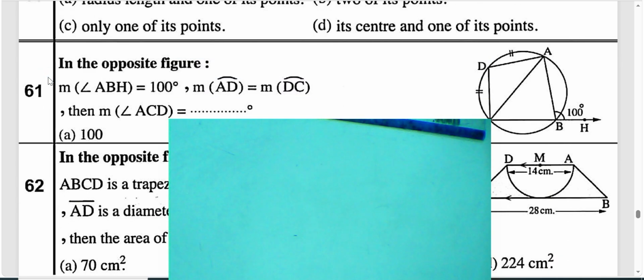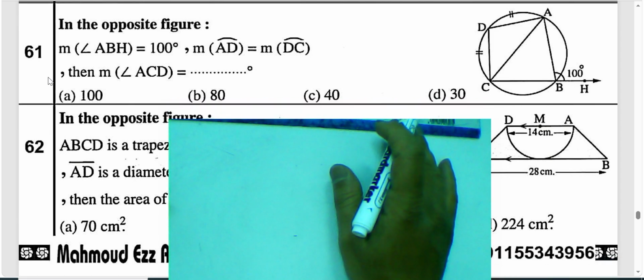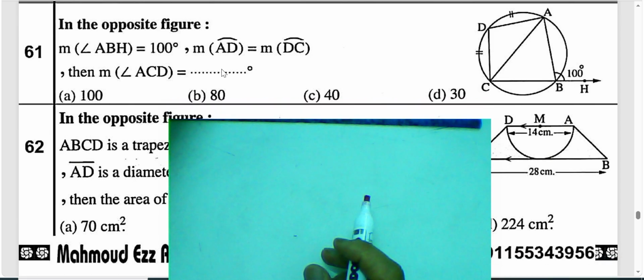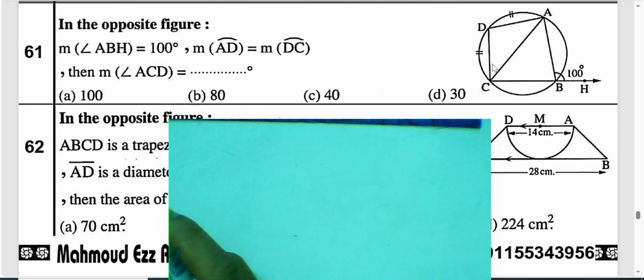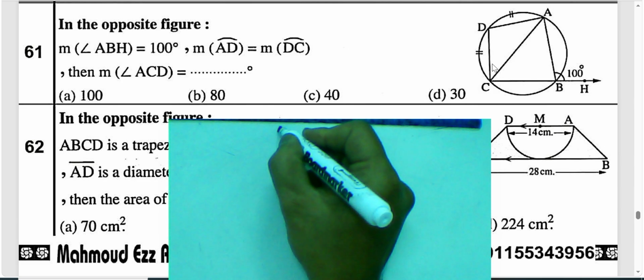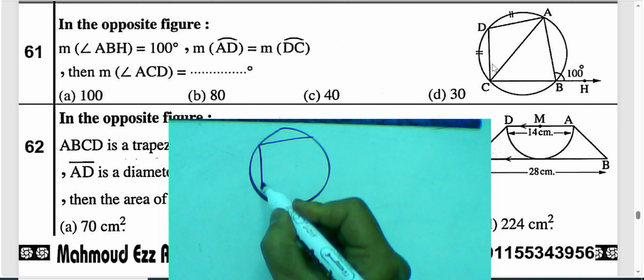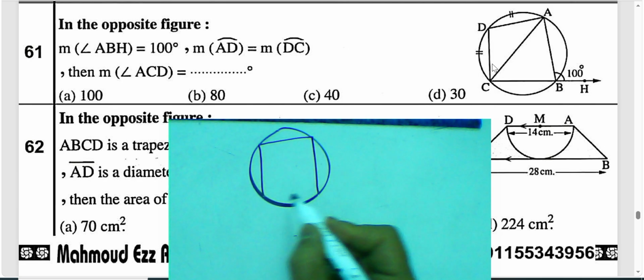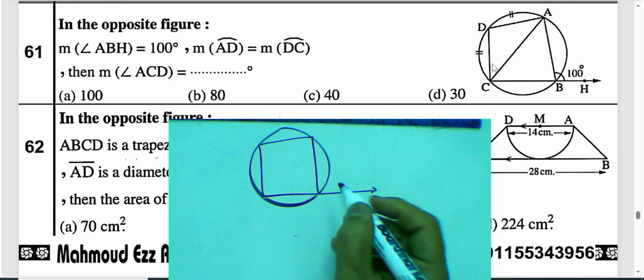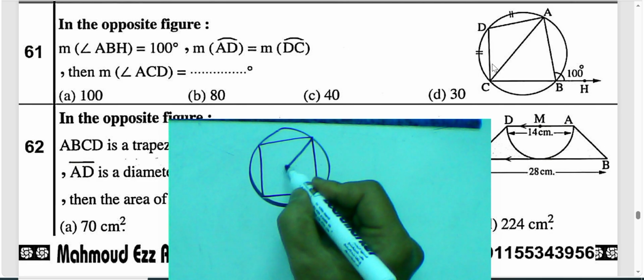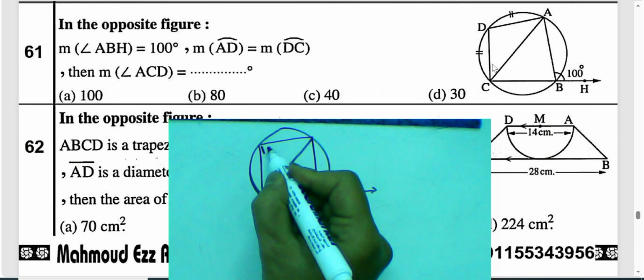Next question. We want to find the measure of angle ACD. We have a cyclic quadrilateral here, so the opposite angles add up to 180. This angle is 100 degrees and the measure of this angle will be 80.